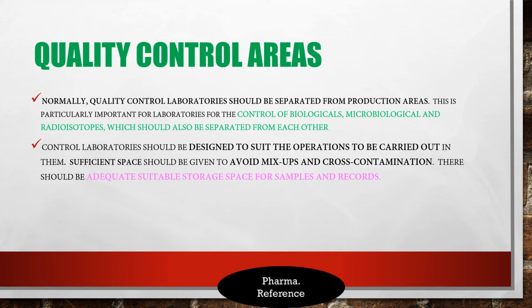Control laboratories should be designed to suit the operation to be carried out in them. Sufficient space should be given to avoid mix-up and cross-contamination. There should be adequate, suitable storage space for samples and records.